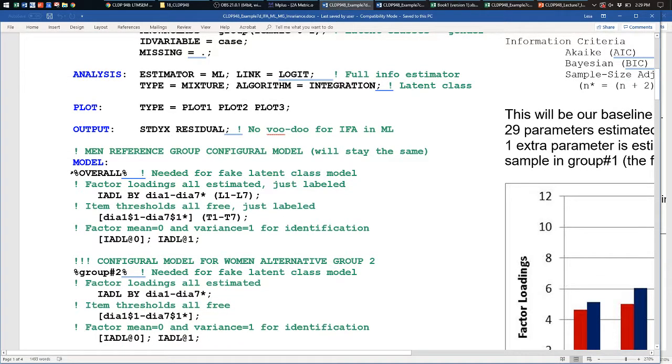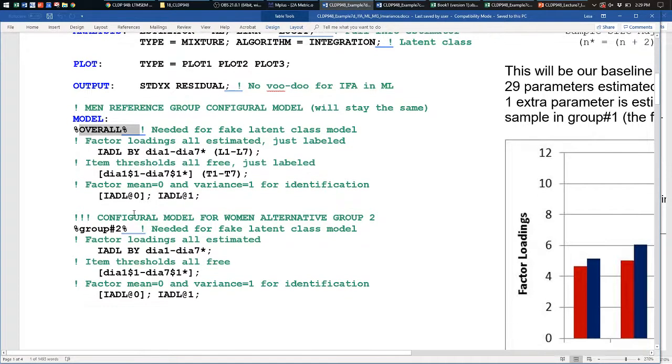And so you have this thing called an overall model that corresponds to what we used to just call model. And then for every alternative group, rather than saying like model men or model women or something, you do this %group#2% thing. I couldn't make this up if I tried, but this is the code that you would use for mixture models normally. In this case, it's a known mixture that's identified by the grouping variable.